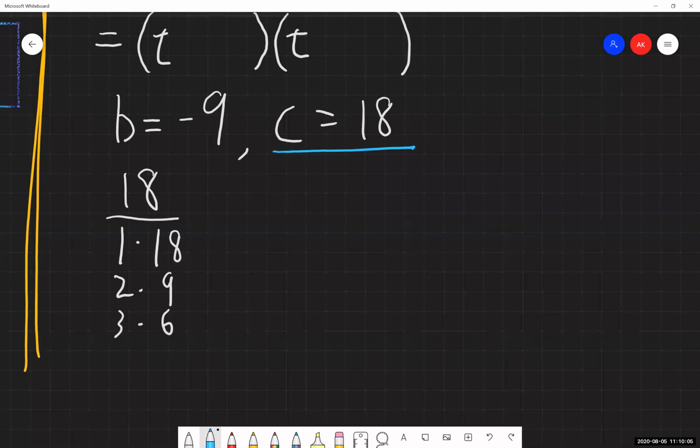I don't necessarily know which it's going to be based on the c value. This is where we look to our b value. So c tells me that they're both positive or both negative.